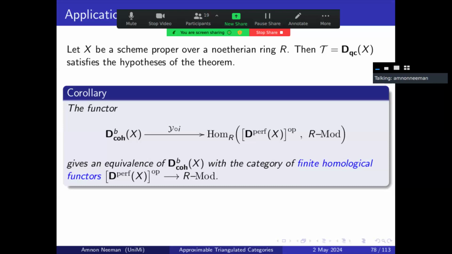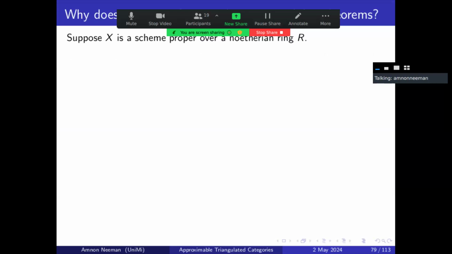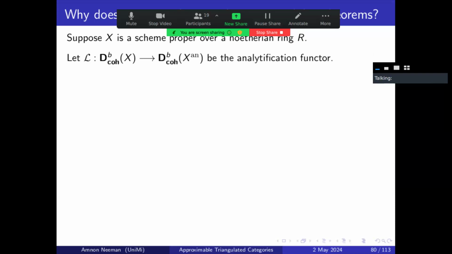So now let's see an application. So suppose X is a scheme proper over a Noetherian ring R. For example, the complex numbers. So then it's classical that you can look at coherent algebraic sheaves on X or coherent analytic sheaves on X. And there's a functor which takes coherent algebraic sheaves to coherent analytic sheaves.